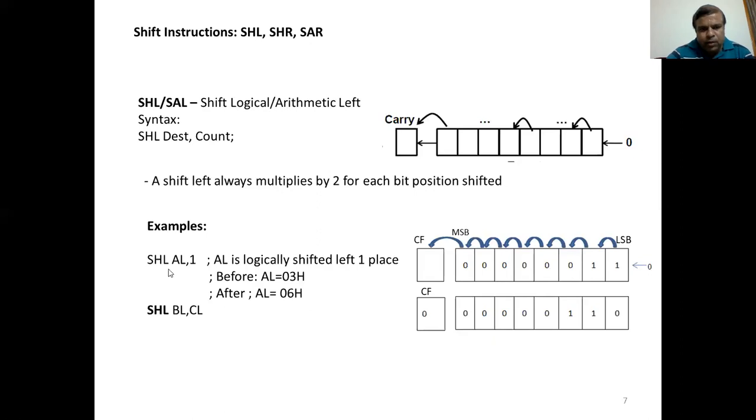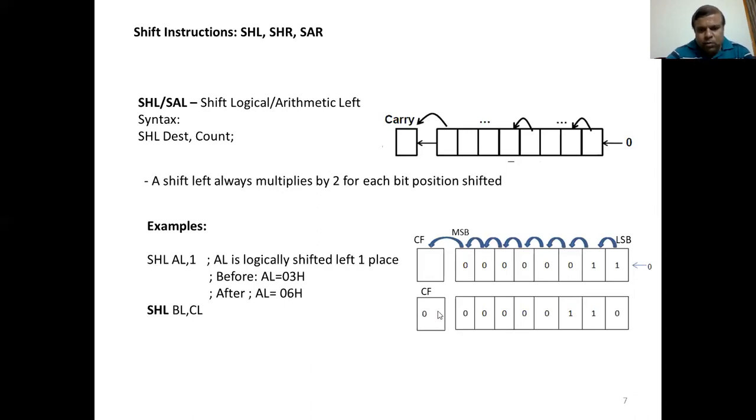When this instruction is executed, 0 is inserted into the LSB position, and each bit is shifted to the left. So this 1 comes here, this 1 comes here, and the remaining zeros shift one place to the left. The MSB is shifted into the carry flag.